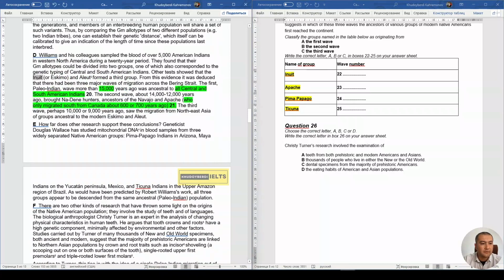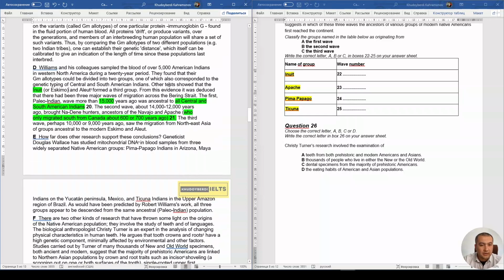We have the word Inuit here, and we have to figure out the wave number: first, second, or third. Other tests showed that Inuit and Aleut formed a third group, which means Inuit should be third wave. Let's write it down, C here.